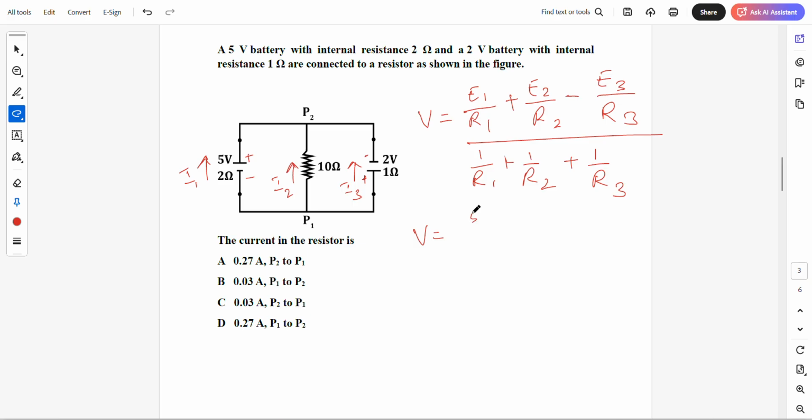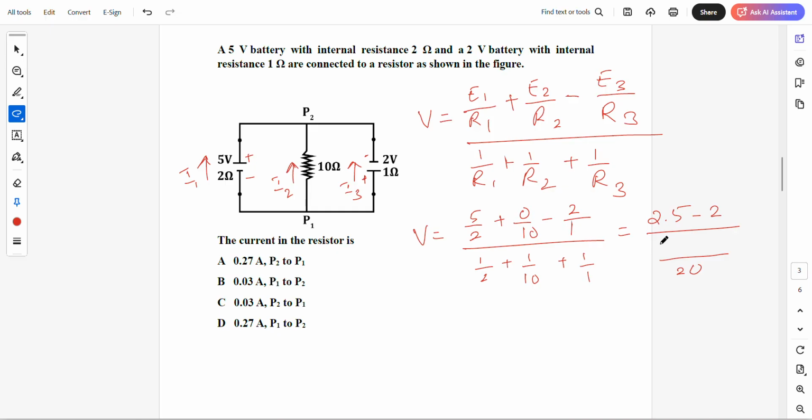Directly I'll write 5 by 2, plus E2 which is 0, 0 by 10, minus E3 which is 2 by 1, divided by 1 by 2 plus 1 by 10 plus 1 by 1. The numerator is 2.5 minus 2, divided by, if I take 20 as the LCM, how much do we get here?